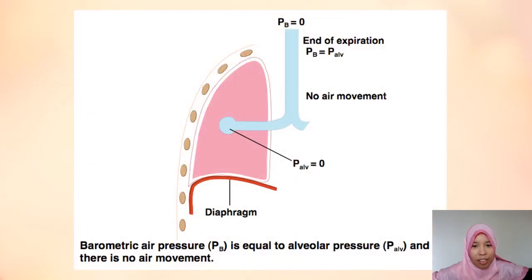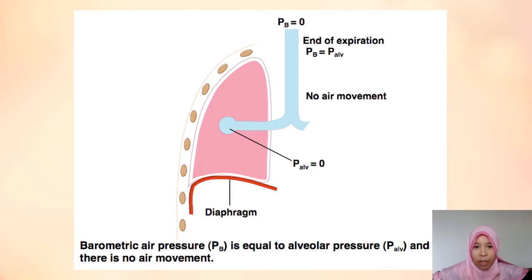Right, in this diagram you can see how it looks at the end of expiration, so we're going to start off with that. At the end of expiration, you can see that there is no air movement because the pressure inside and the pressure outside have equalized.